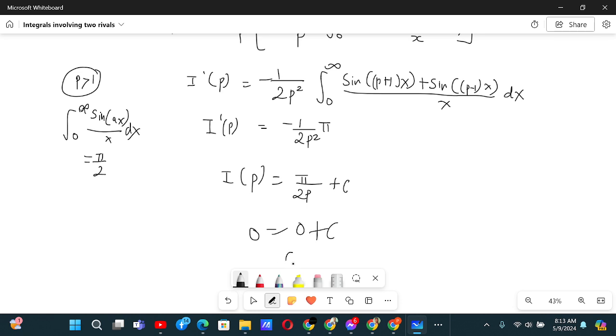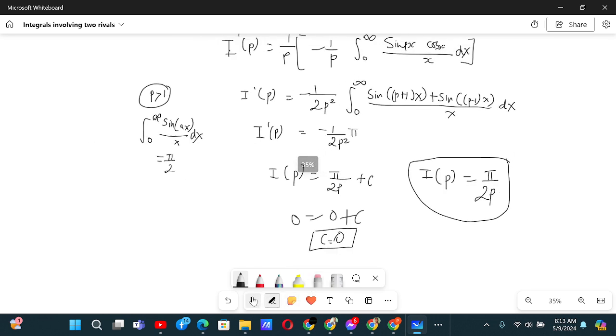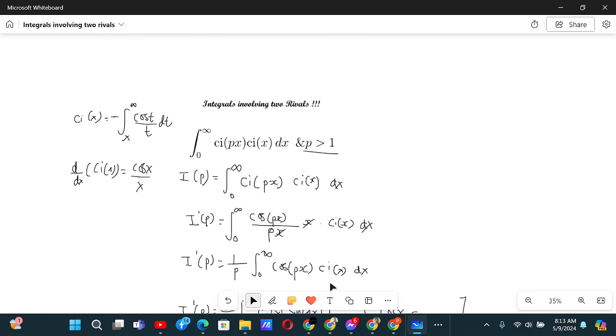So we see that c is just 0, and that's why I of p is pi by 2p plus 0. So this integral is just pi by 2p, and that's a pretty nice answer.